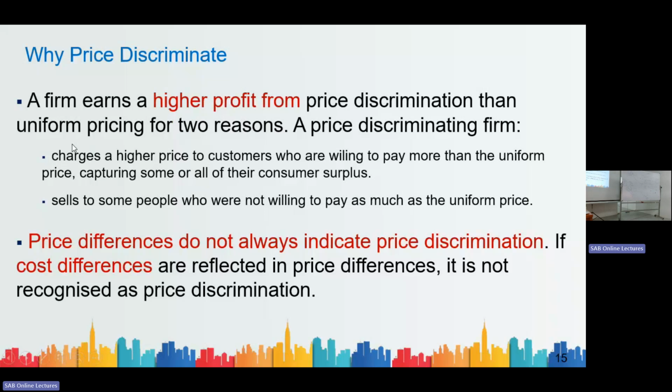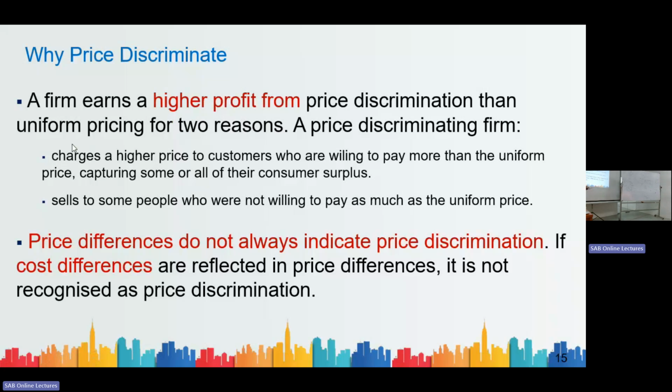So if this vodka firm charges the same price in both locations, they will earn a lower profit. They will earn a lower profit when they are charging a uniform and equal price. Since they are charging a higher price in one location and a lower price in another location, they can increase the profit.